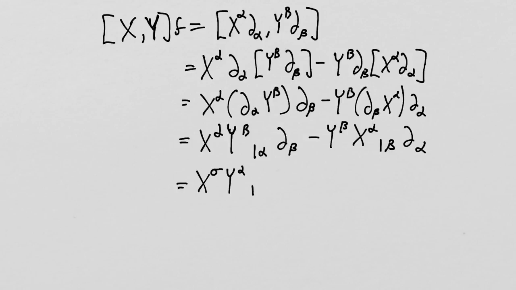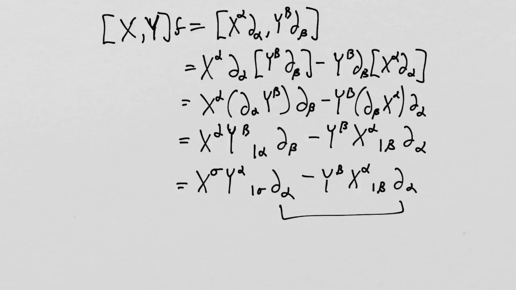If you don't see why this here is identical to this, just relabeling and renaming things, have a look at that, because it's really important. The next step doesn't make much sense unless you understand that pretty obvious step. And then this would leave y beta x alpha slash beta partial alpha.